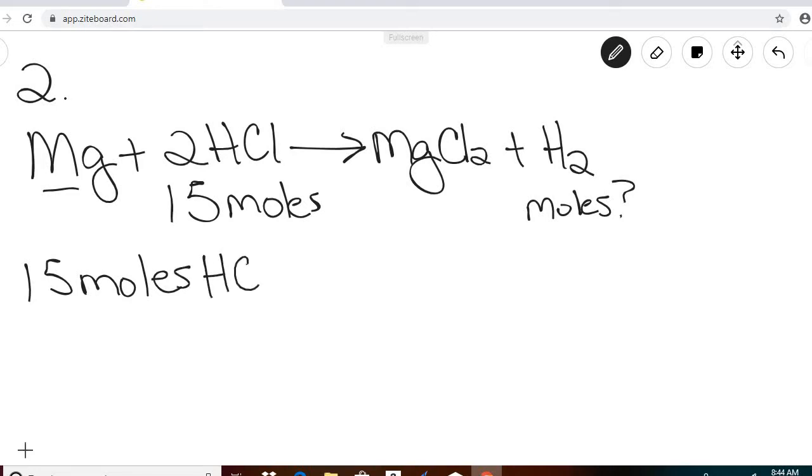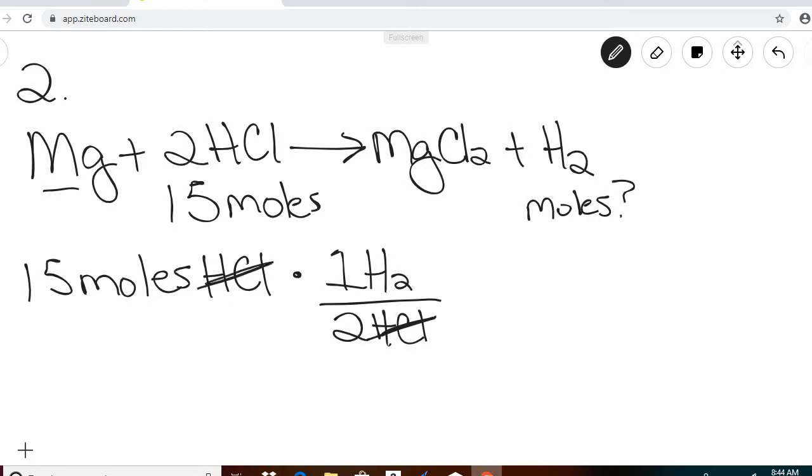So if we start with 15 moles of HCl, and there is 1 mole of hydrogen gas for each 2 moles of hydrochloric acid, the hydrochloric acids are going to cancel, and you'll be left with moles of hydrogen gas, and 15 times 1 divided by 2 is 7.5 moles of hydrogen gas.